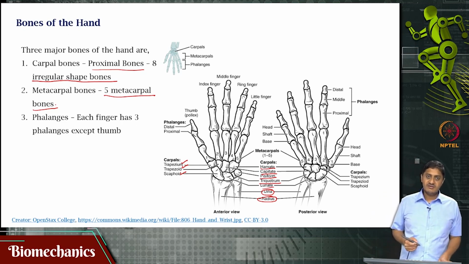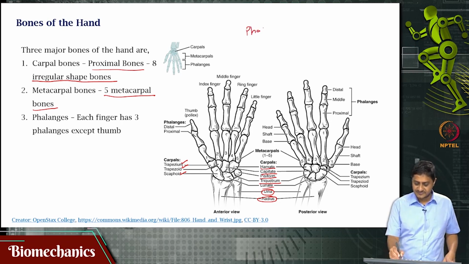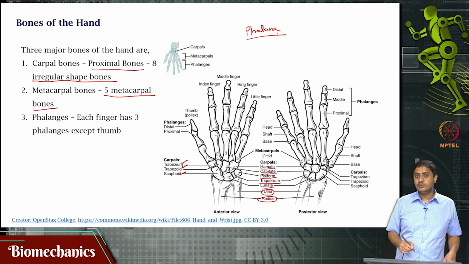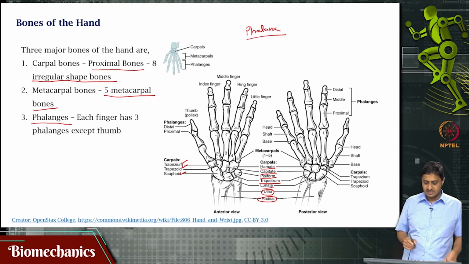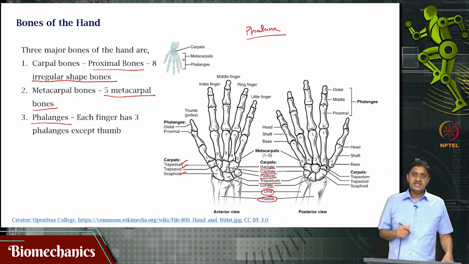Then you have the bones within the fingers themselves, those that form the segments of the fingers. Each segment is called a phalanx. The plural is phalanges. Each finger except the thumb has 3 such segments or phalanges.